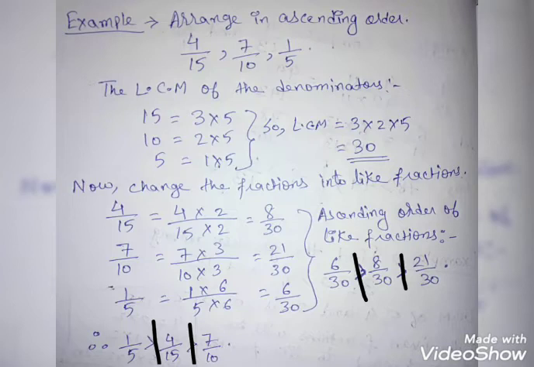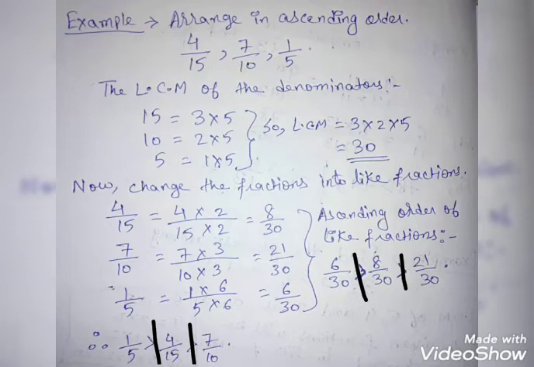Over here I can see 5 is common in all of the multiples. So I will take it only one time and the rest of the multiples I will write as it is. So LCM equals 3 into 2 into 5, which will come 30. So LCM we have got 30.